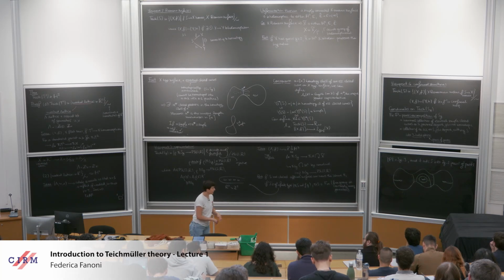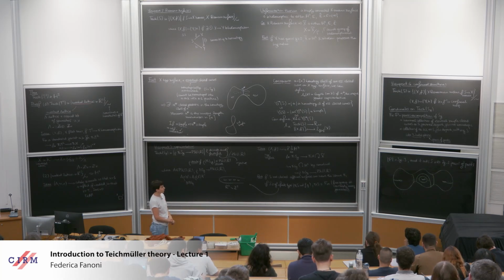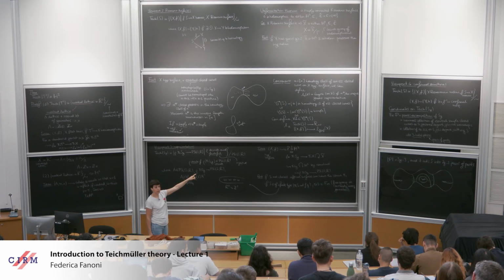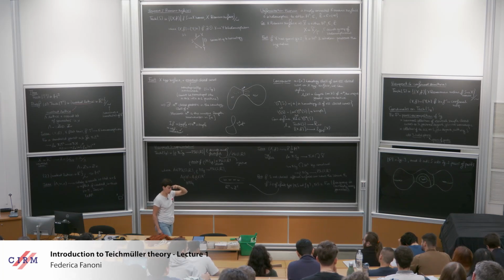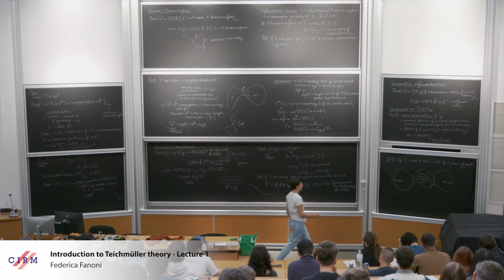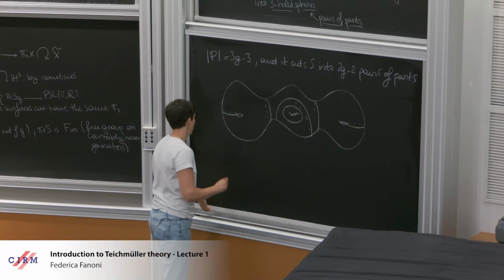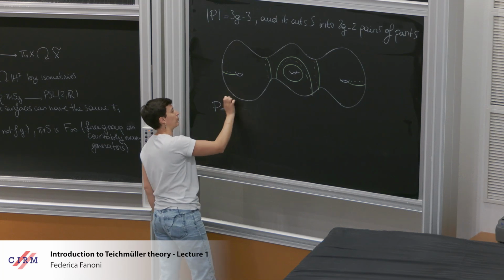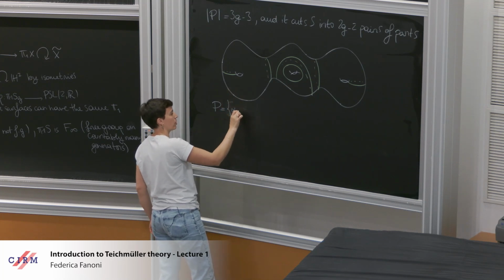So once I have that, so I fix this collection, for each of these curves, or for each homotopy class of this curve, I can look at the associated function on Teichmüller space. So I get 3g minus 3 length functions on Teichmüller space. So I fix P, alpha 1 to alpha 3g minus 3.